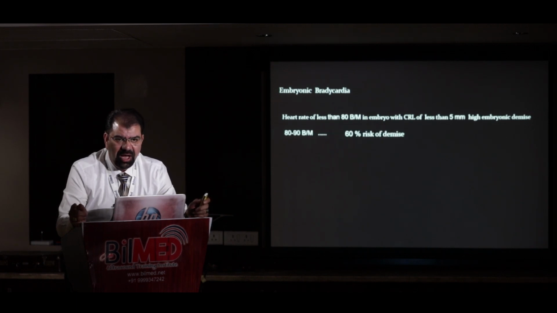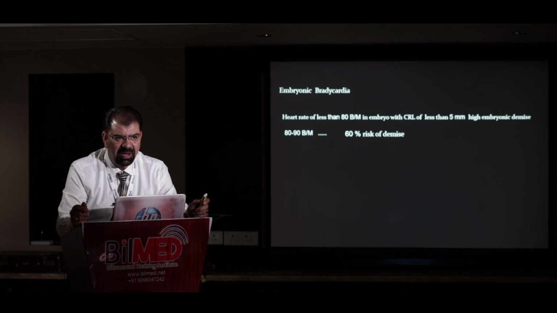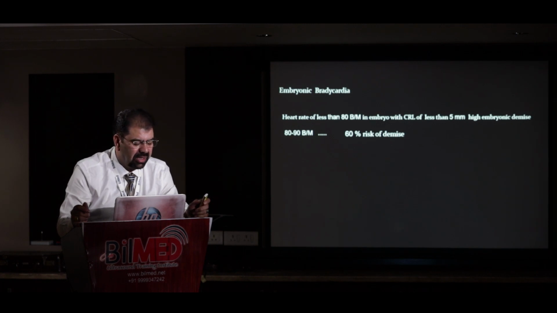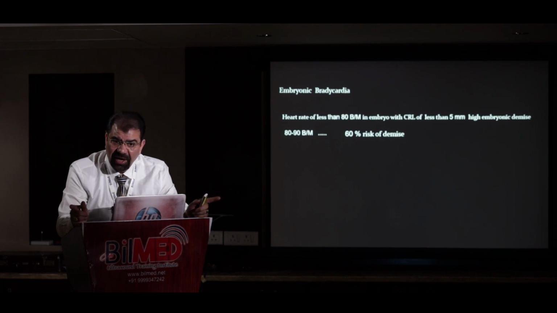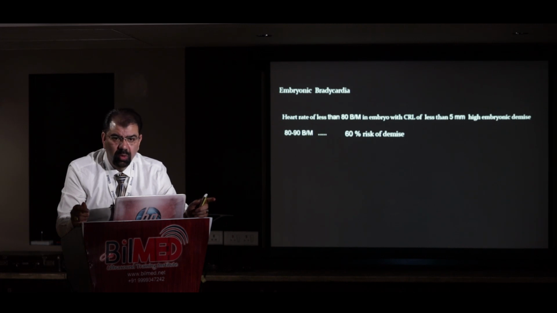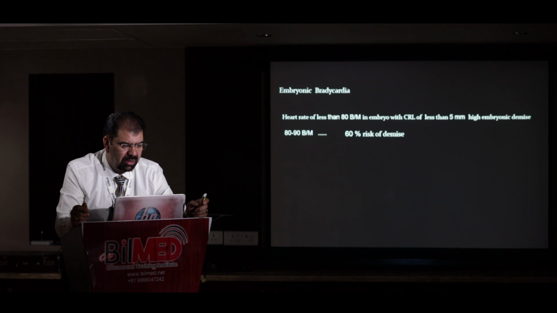Now, if the fetal heart is in between 80 to 90, 60% is the risk. If the fetal heart is 80 beats and less, and CRL is 5, more than half will be lost. So again, you will alert the patient that it is not completely abnormal.